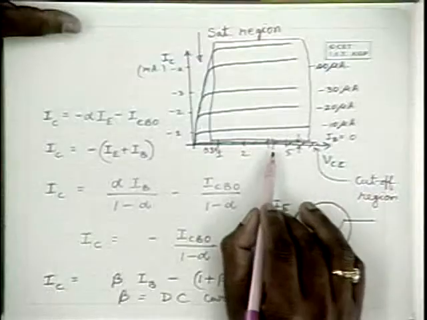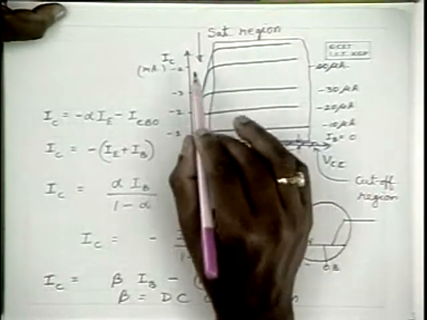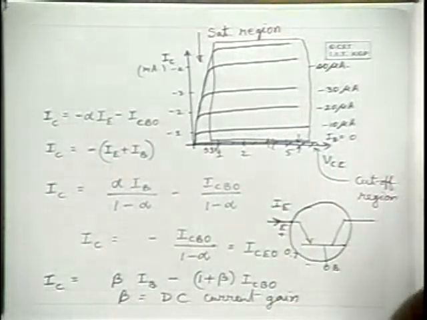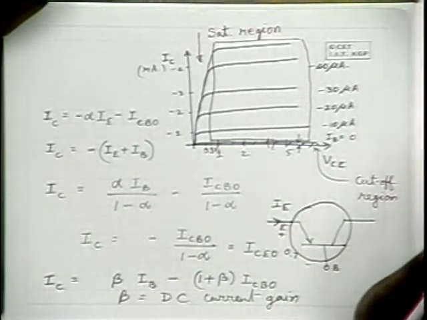That's what we do in computer circuits. We make the transistor work in the switching mode, as a switch, where we like to operate it predominantly either in the cutoff region or the saturation region. Of course, the active region is also used.